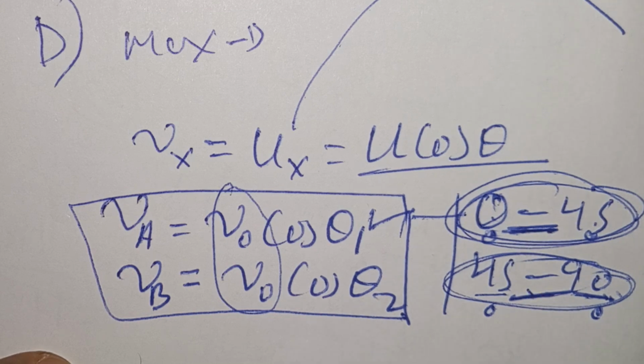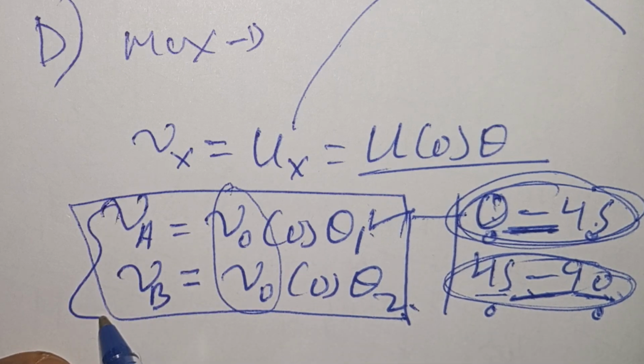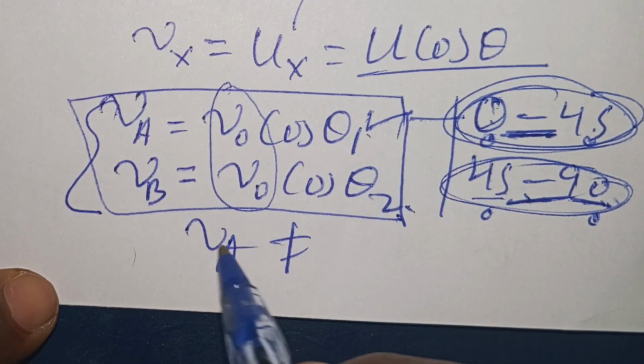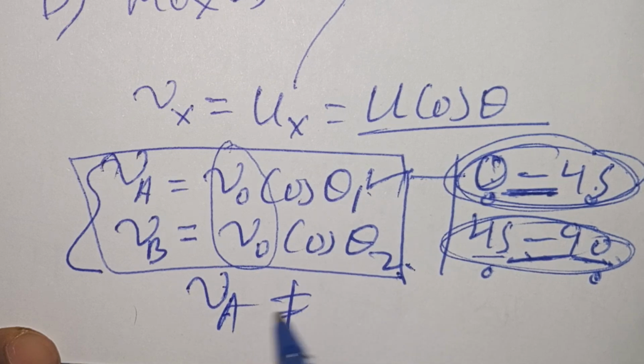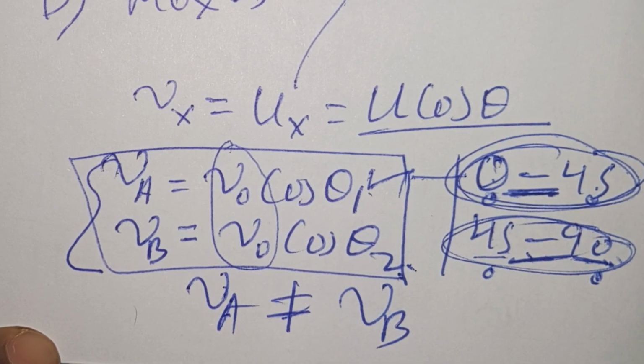Or in general, we can say that since theta 1 and theta 2 are different, these two velocities are not equal. The velocity of ball A at maximum height is not equal to the velocity of ball B at the maximum height.